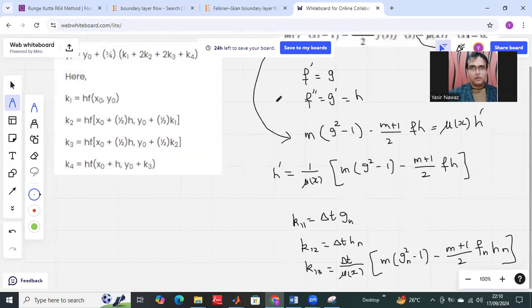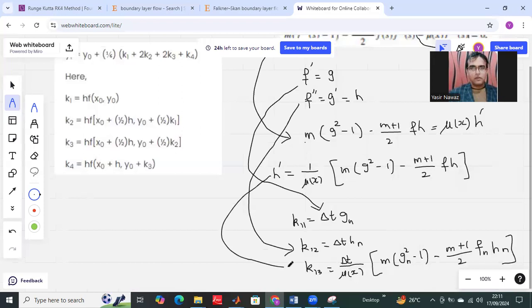So this equation is converted into this form. The second equation is converted into this form, and the third equation is converted to that.